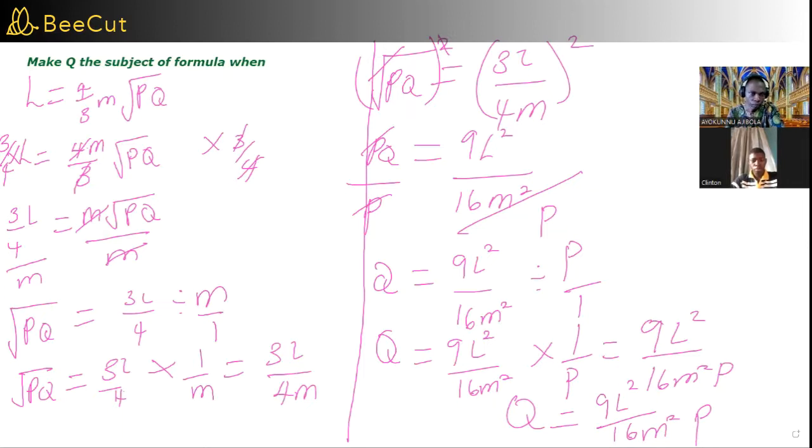I clear the screen. Now this question says, if P equals square root of R S cubed over T, then express R in terms of P, S, and T. Let me get a question.